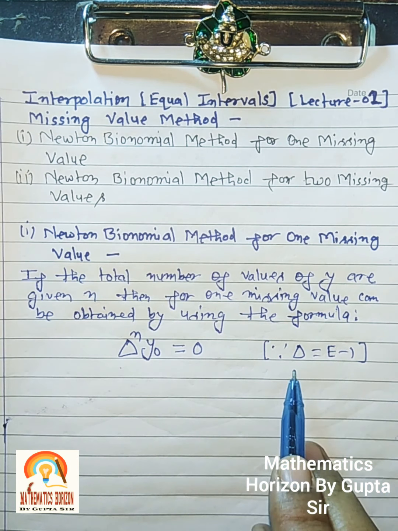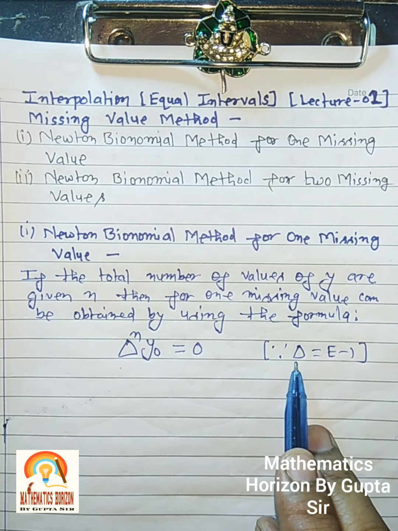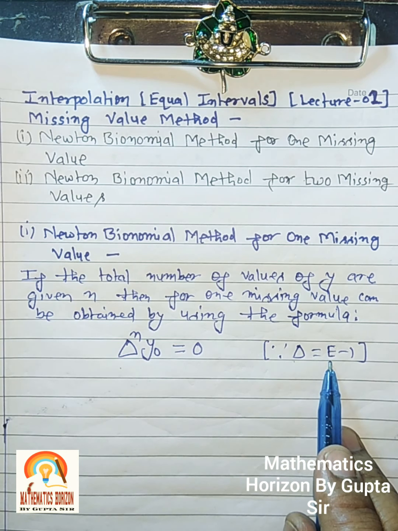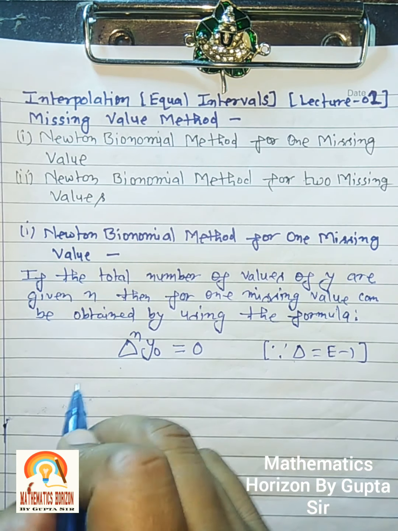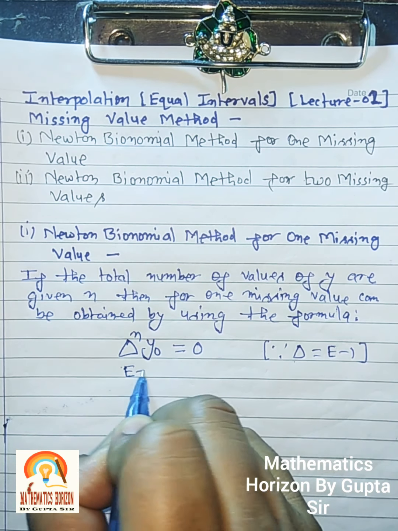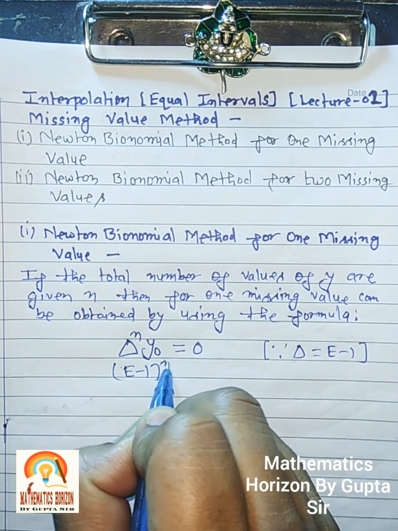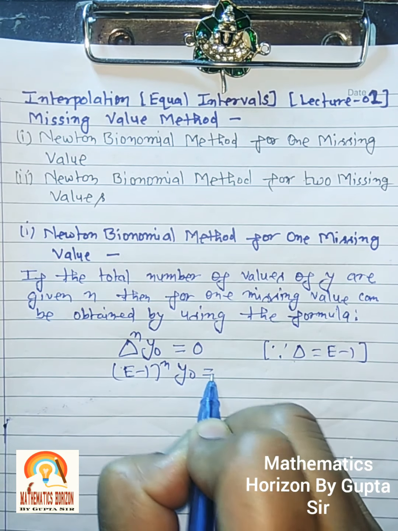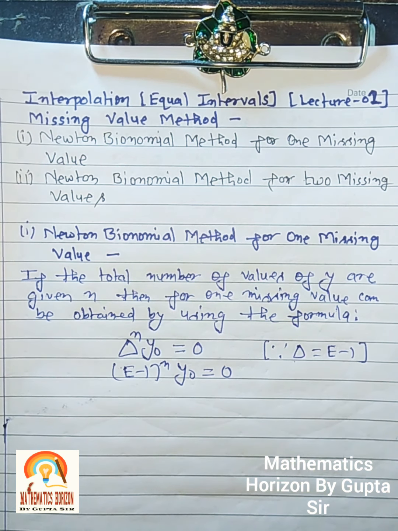Now we put here delta equal to E minus 1, that is (E minus 1) to the power n y0 is equal to 0.